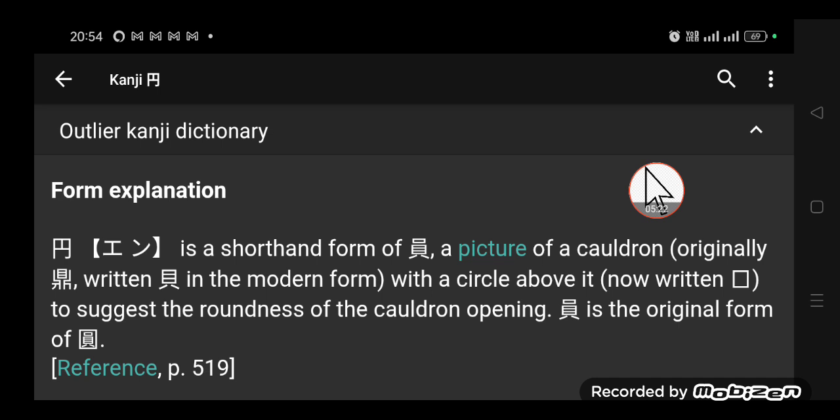So here n is a shorthand form for this, which is a picture of a cauldron, written in this form in ancient China. In modern form, it is further reduced to this, which is the progenitor basis for the character n.